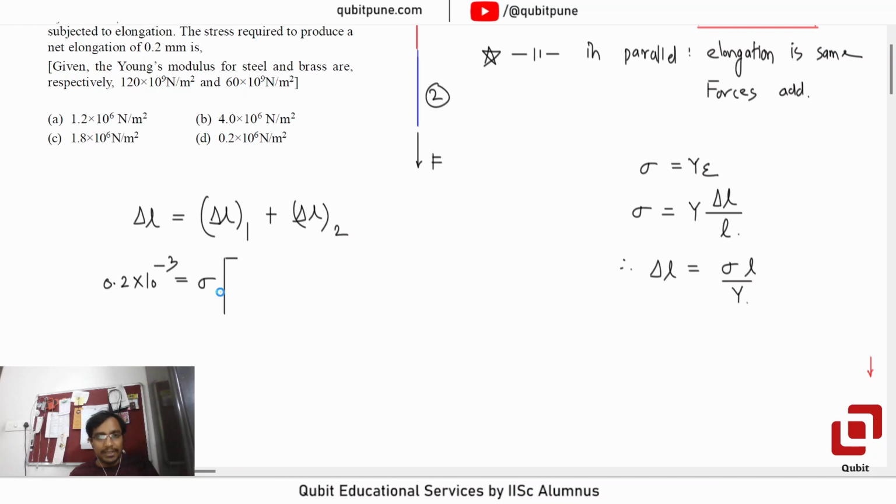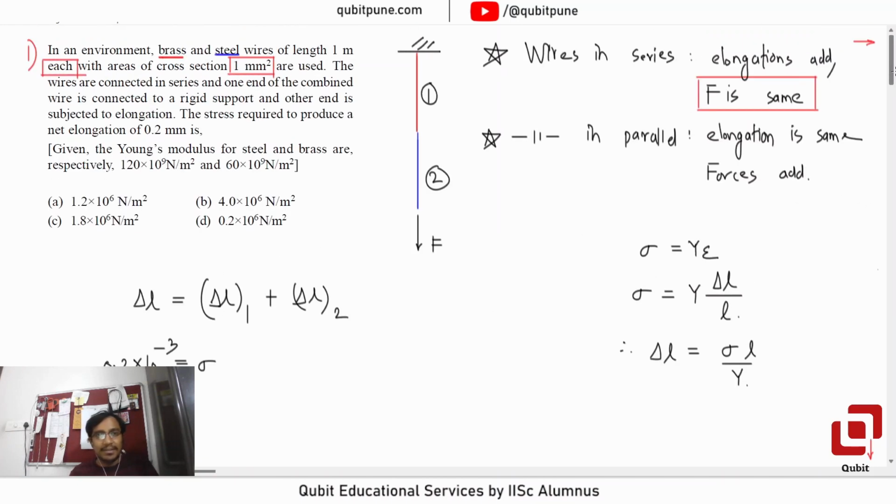I think we can also take the length common, and length is equal to 1 meter for both wires. So there is no need to write that length. So it's just sigma into 1 upon the Young's modulus of the first, 120 into 10 raised to 9, plus for the second one it will be 60 into 10 raised to 9.